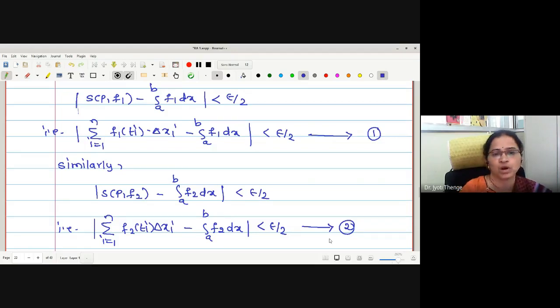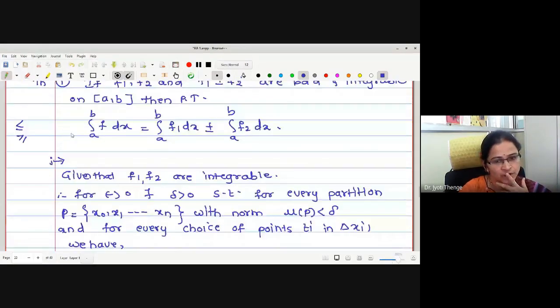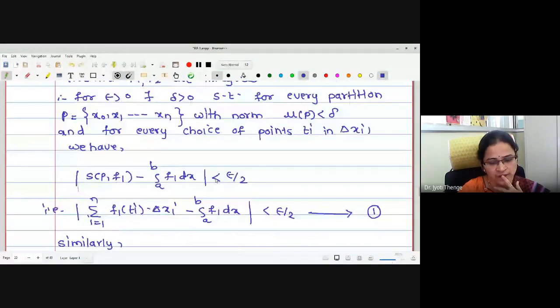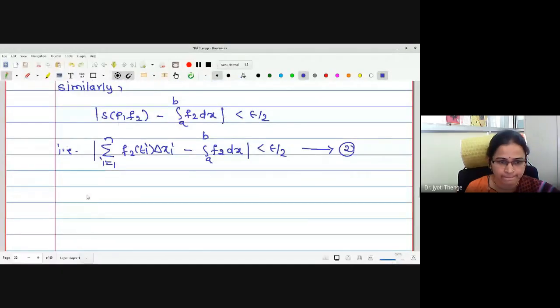Now what we actually want to generate is the integration of f. For this, we should add both the inequalities. What will be the effect if I add both the inequalities? Adding 1 and 2, what will happen?